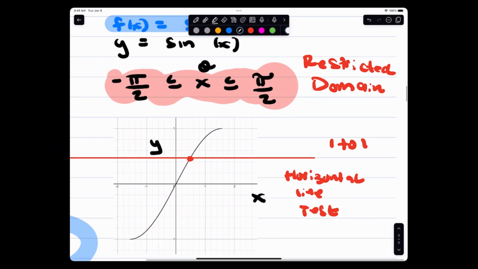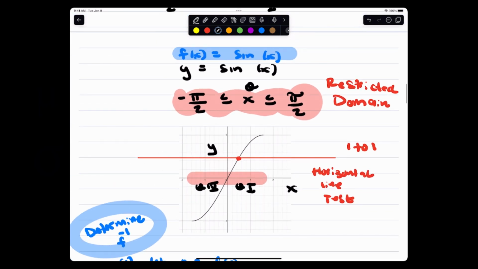Do you know what that even means? How do we restrict it? We have to have it defined for negative pi over 2 to positive pi over 2. Right in here. You know what that means? This is quadrant 1, and this is quadrant 4.